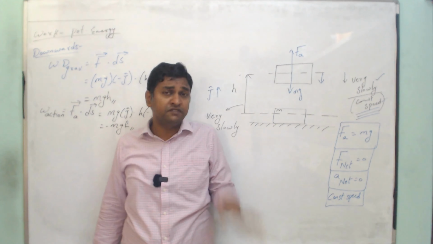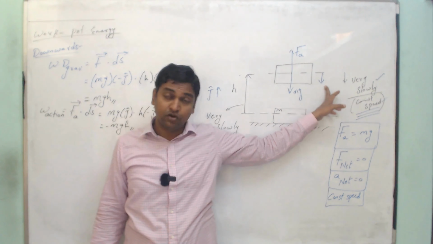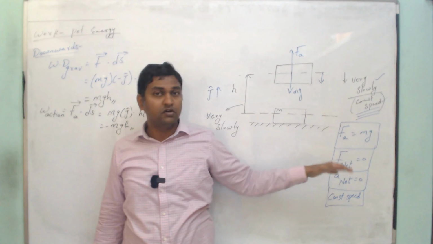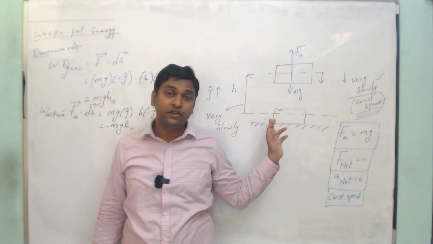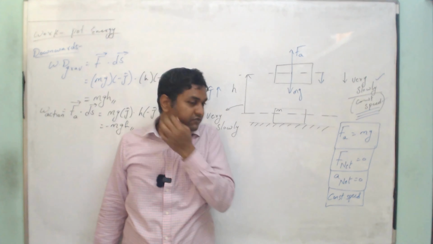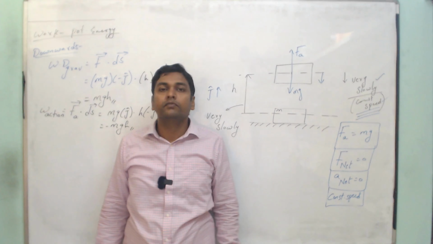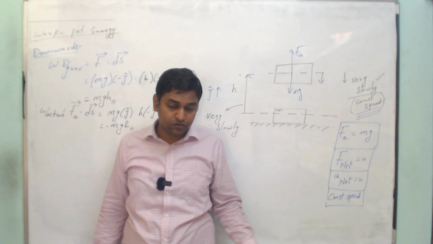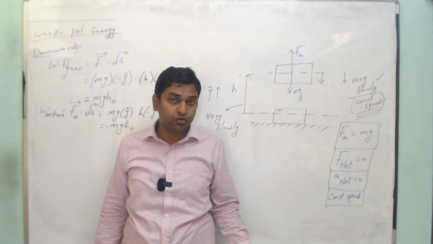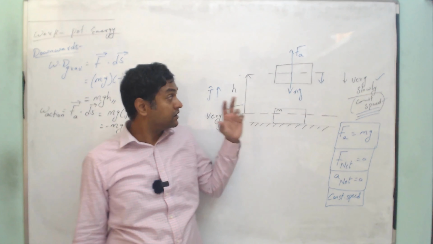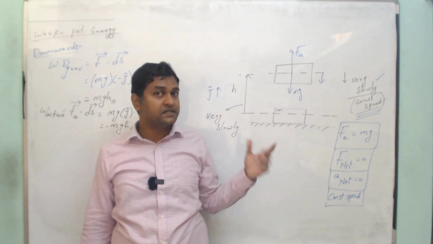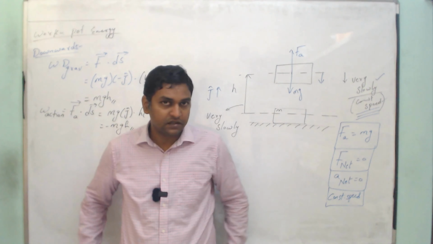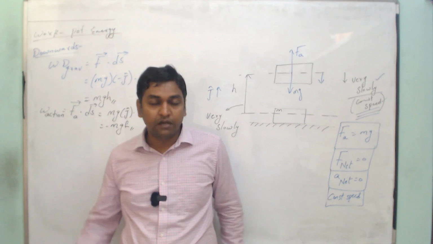The velocity vector while coming down is in the downward direction, therefore the block is coming down. The velocity vector while going up is in the upward direction, therefore the block is going upwards. That's why, 5-10 minutes back, I told you that if you analyze this in a natural way, you will laugh at this particular thing. I am eventually coming there only.